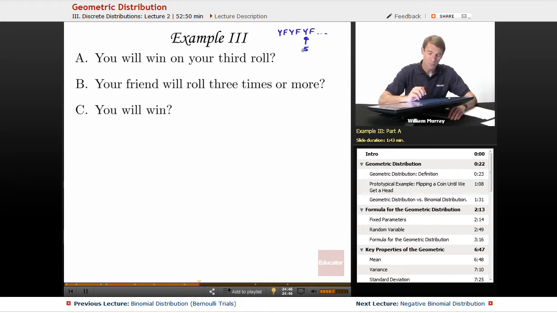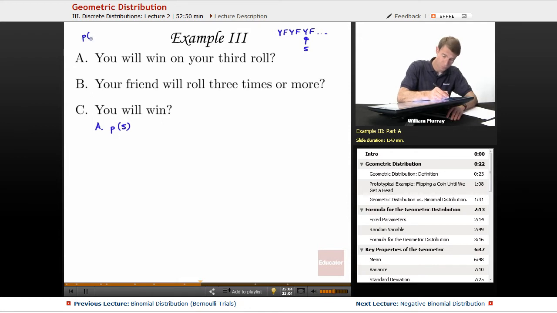So that's exactly what would happen in order for you to win on your third roll of the game. So what we're really asking here is the probability that y is equal to 5. Let me remind you of the formula for a probability distribution. For a geometric distribution, p of y is q to the y minus 1 times p.